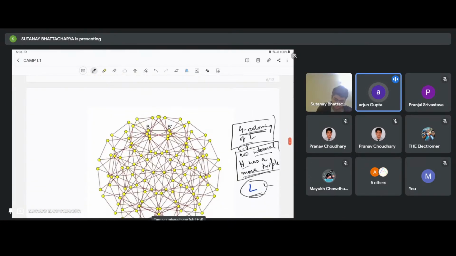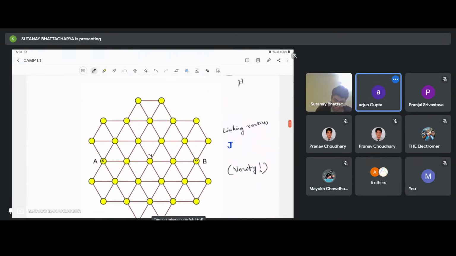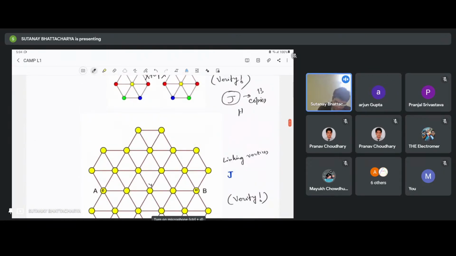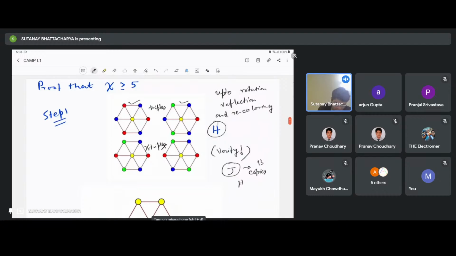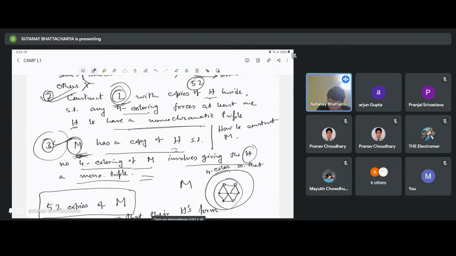We have completed the second step. The third step is constructing a graph M that will have one copy of H inside it.